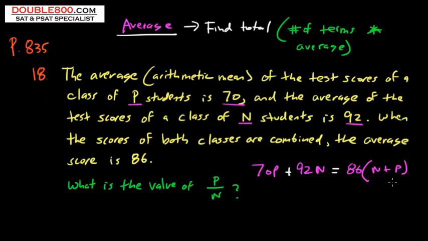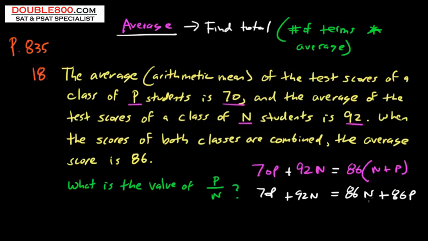So I would multiply this out, so this would get 86N plus 86P, and we'll just bring these two down here. So it's 70P plus 92N. And it's a little confusing for some students. If you have variables and you're asked to find a ratio, you get the variables on either side.